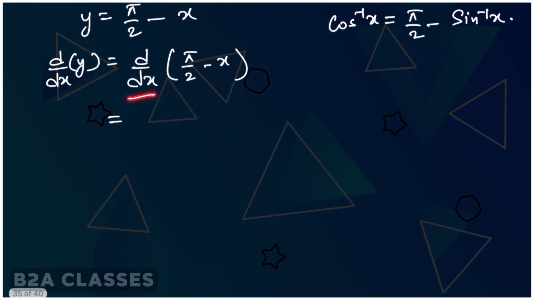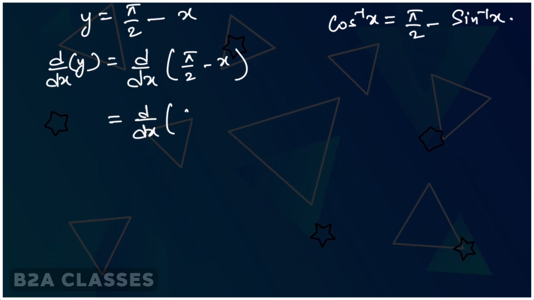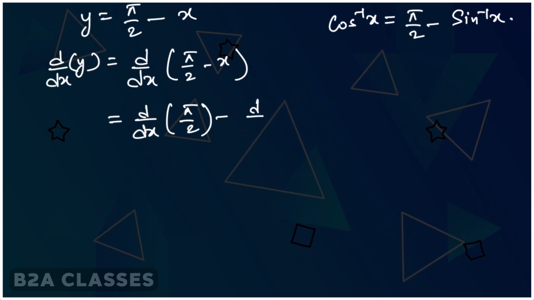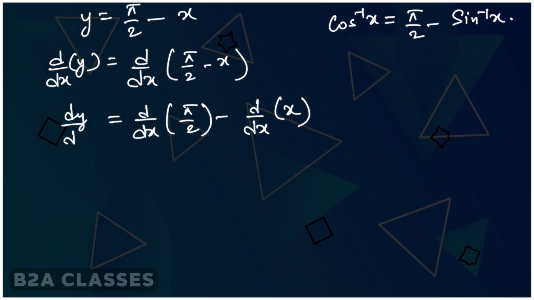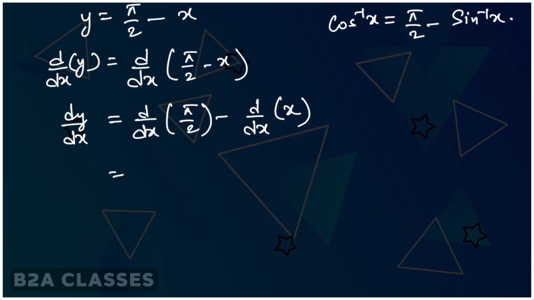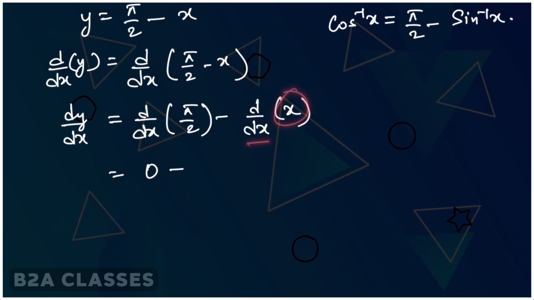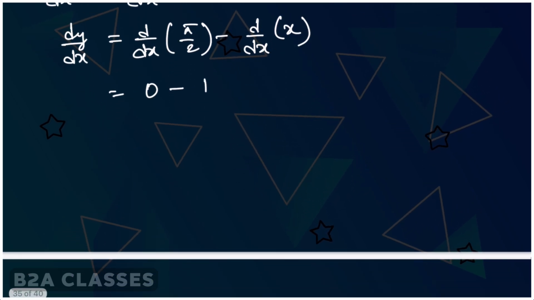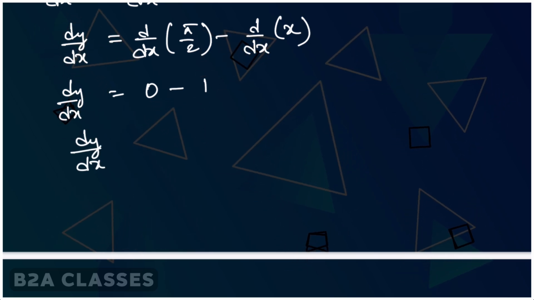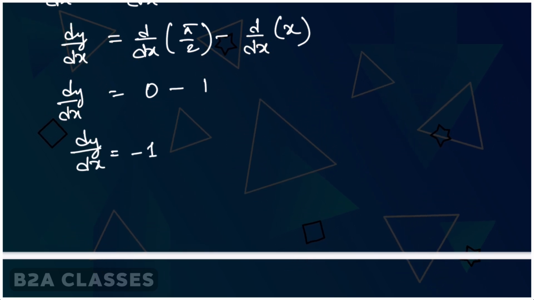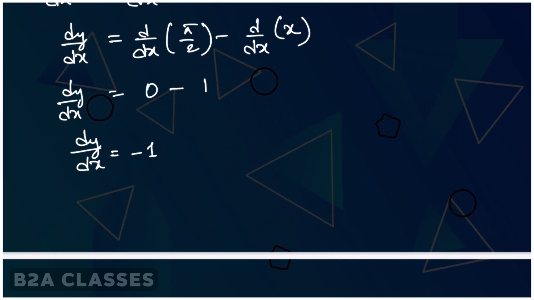Now derivative of pi by 2, what is pi by 2? It is a constant. Derivative of pi by 2 will be 0. Minus derivative of x will be 1. And on the left side we have dy by dx, equal to derivative of constant is 0 minus derivative of x is 1. So dy by dx is minus 1. Okay? So this is the solution, or I can say the derivative of y with respect to x.